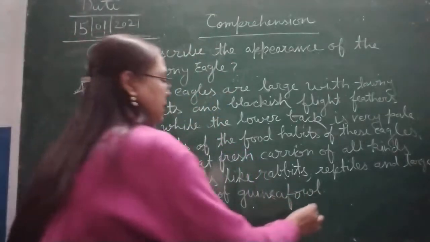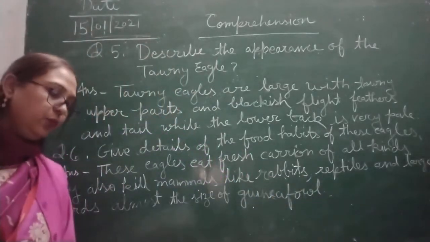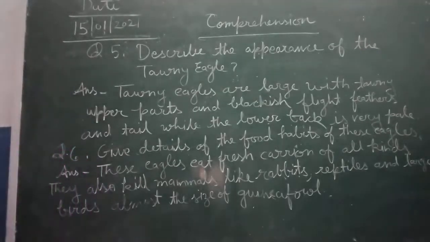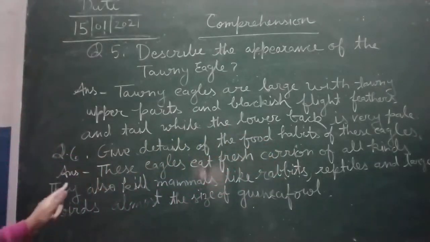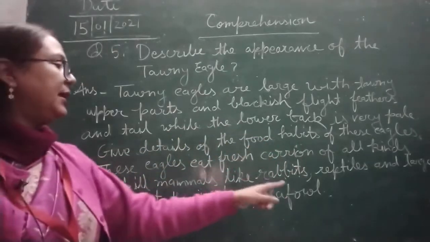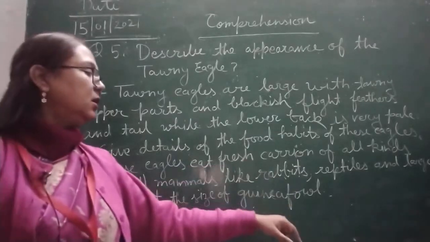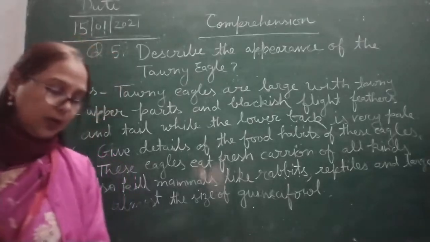So this is the answer we should write. What are the foods the tawny eagles eat? These eagles eat fresh carrion of all kinds. They also kill mammals like rabbits, reptiles and large birds almost the size of a junglefowl. So here we have done.